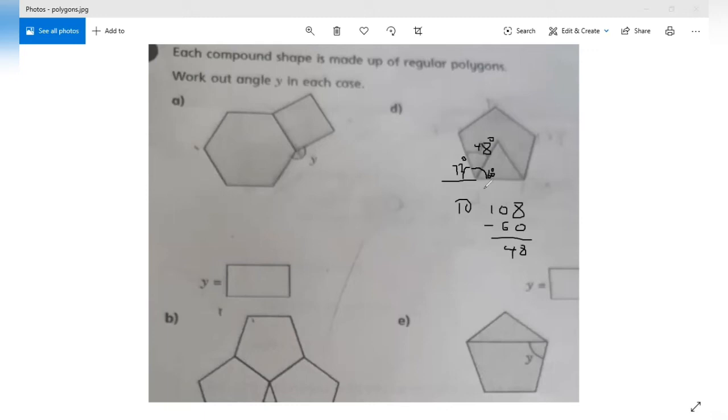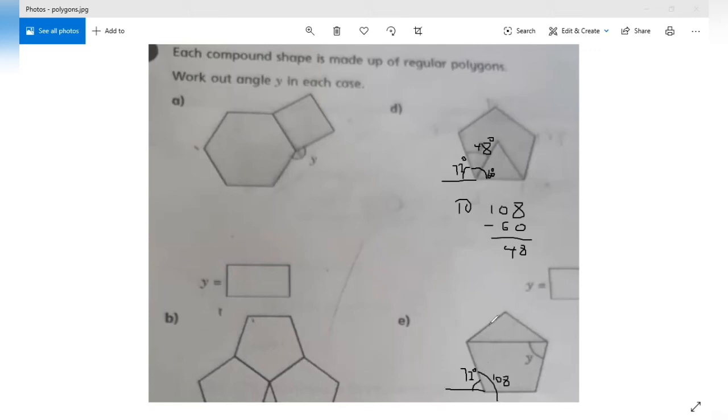So I'm going to move on to E. This is E, okay? It's also a pentagon, so it makes it really easy for us to do. We already know the outside or the exterior angle of a pentagon is 72 degrees, and the inside is 108 degrees each.